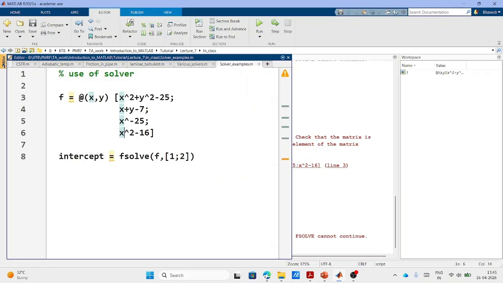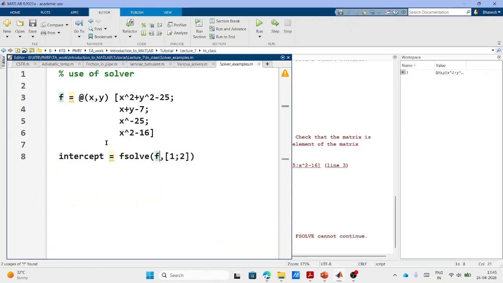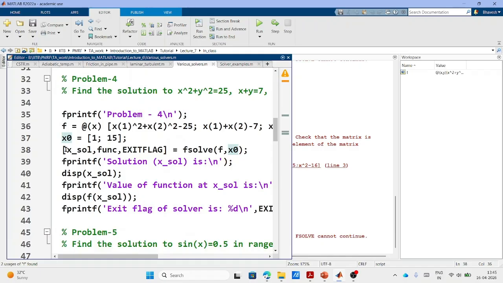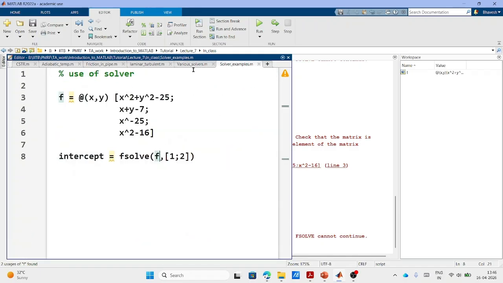Okay, we are getting some error which shouldn't come here. This is fsolve. Just give me a minute. So maybe here it should be xsolve, fsolve, intercept is equal to fsolve.